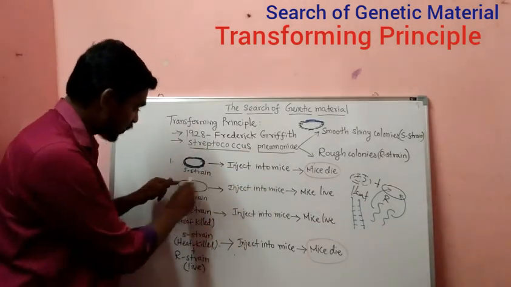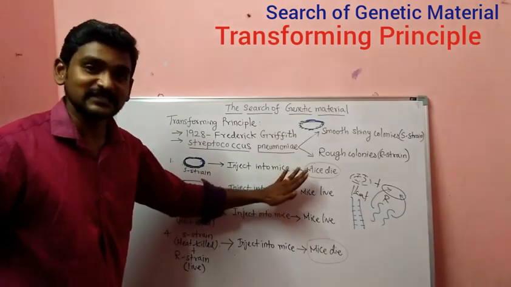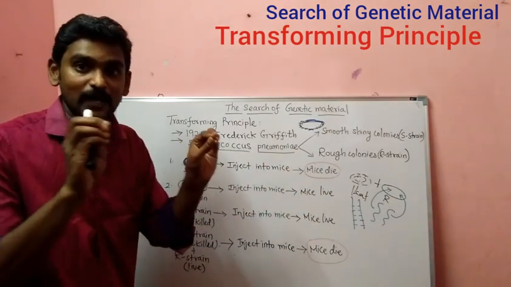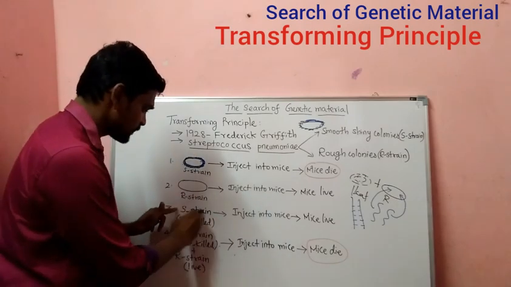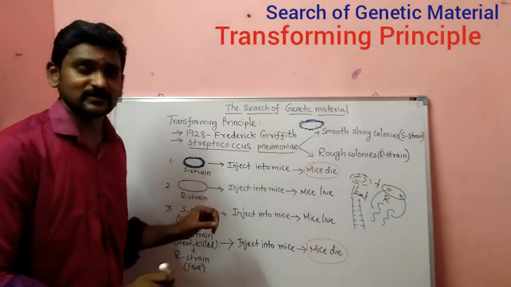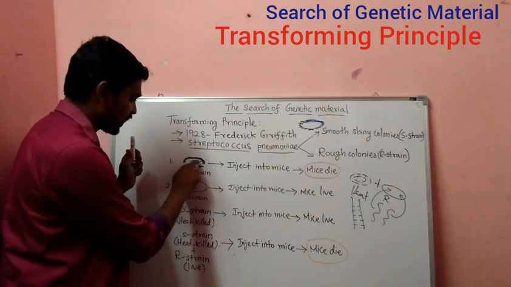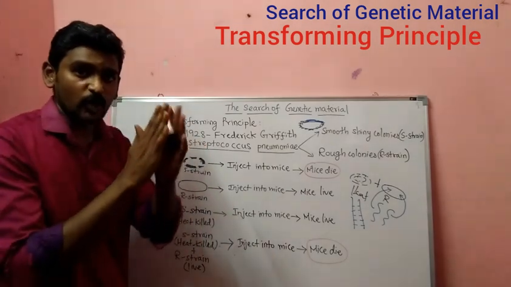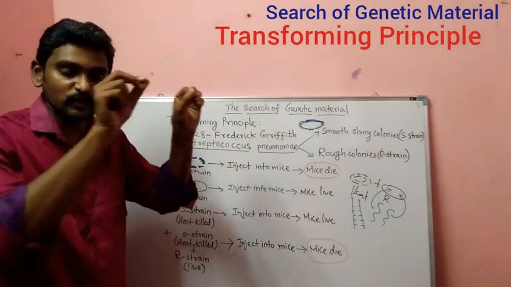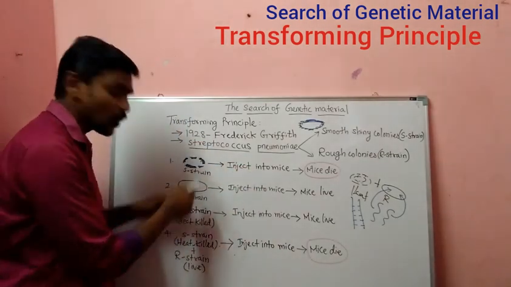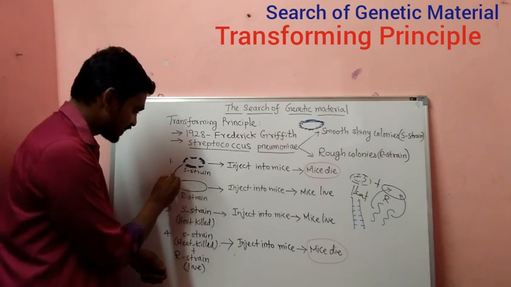Now when the normal strain is injected, the mice is alive because it doesn't have the genetic material which produces the mucus layer. When it is heat killed, all the things are broken down and the DNA is also broken into single strands, so it is unable to cause the disease or produce the toxin. When these two are mixed, a factor is transformed from here to here.